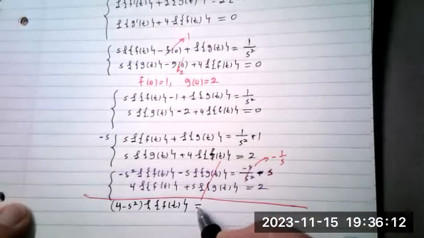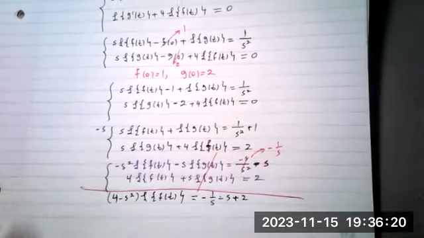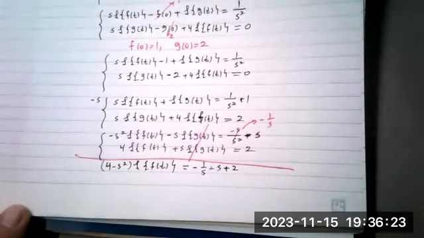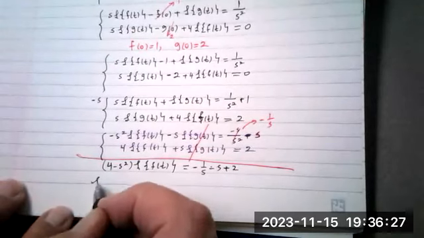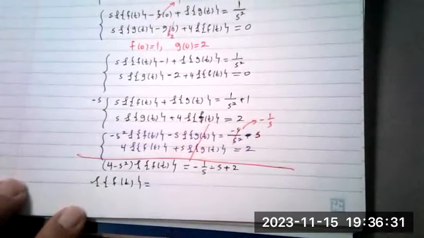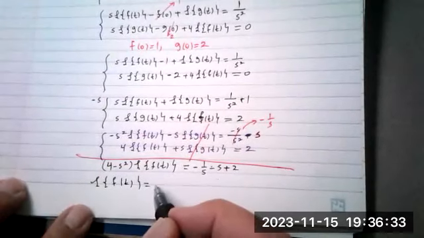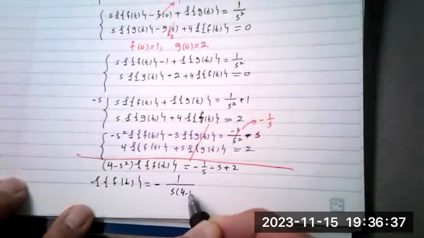And on the other side, we get -1 over s minus s and the plus 2. Now we can find the Laplace of f of t. You divide, so Laplace of f of t is going to be equal to -1 over s times 4 minus s squared.